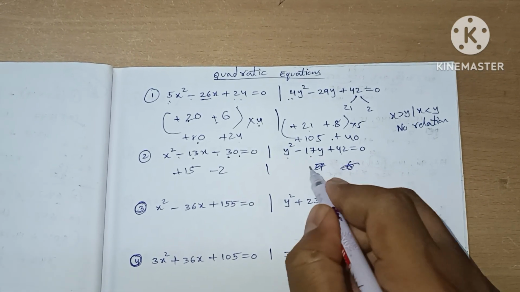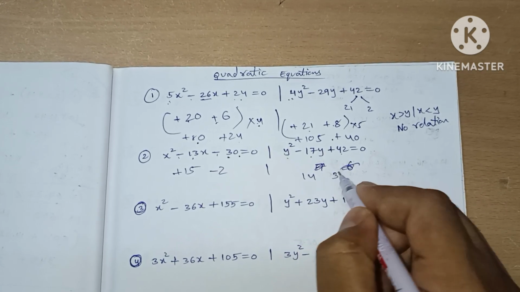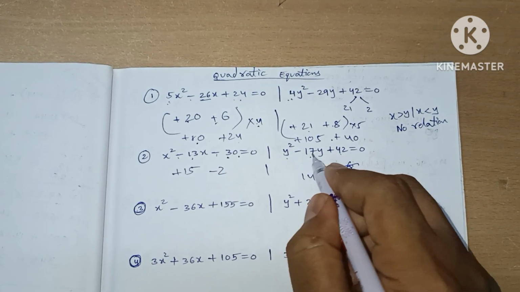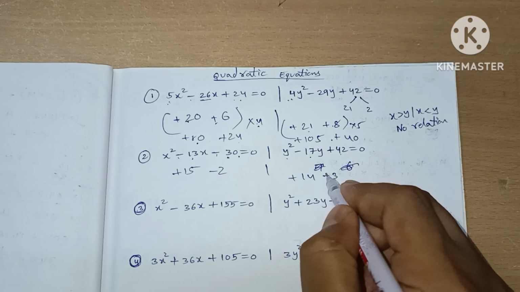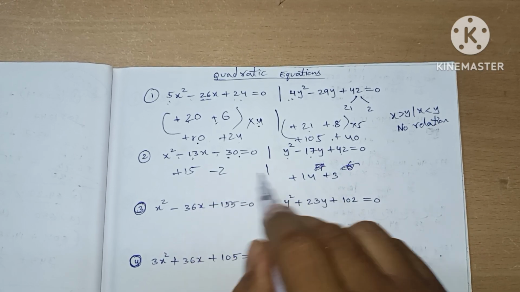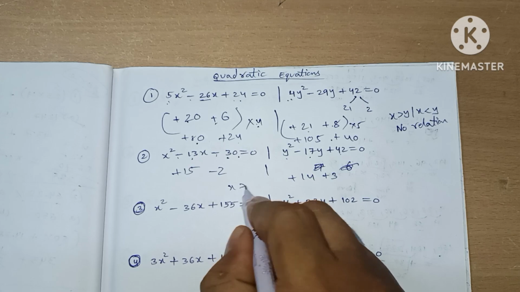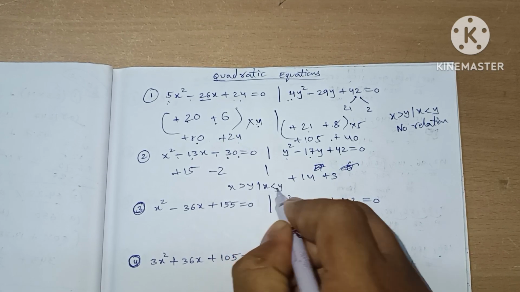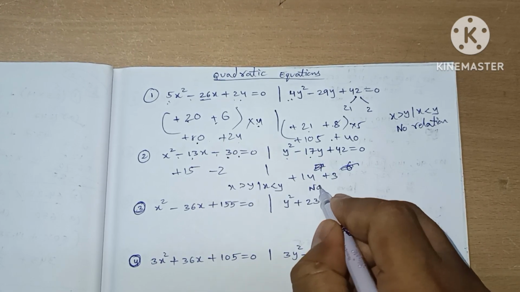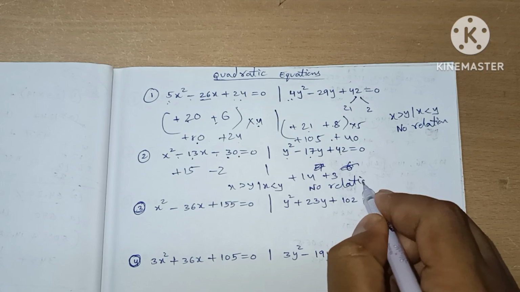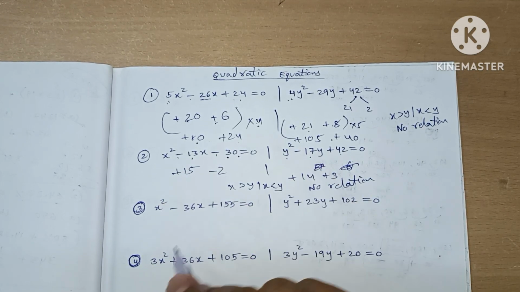And 14 3 times is 42 and we got 17 and the roots are in positive. Here by comparing these two, it is clear that x greater than y and x lesser than y comes here. So there is no relation established between these two equations.